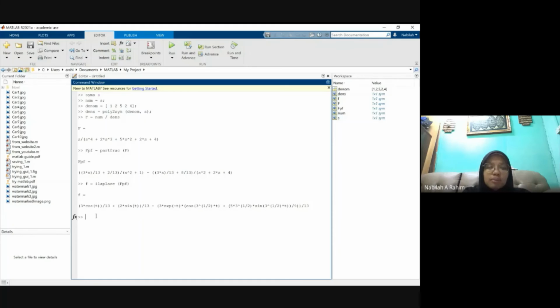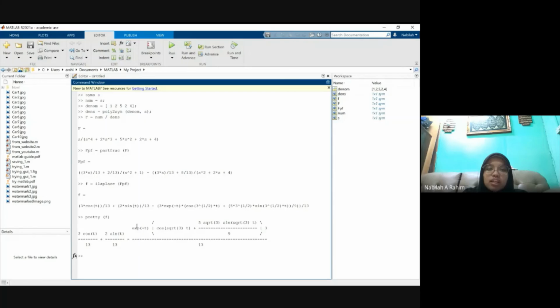And then to make it easier to read, you can use pretty. So 3 over 13 cos t plus 2 over 13 sin t minus, we can bring the 3 in front, so 3 over 13 exponent to the power of negative t cos square root 3t plus 5 over 9 times square root 3 times sine square root 3t.